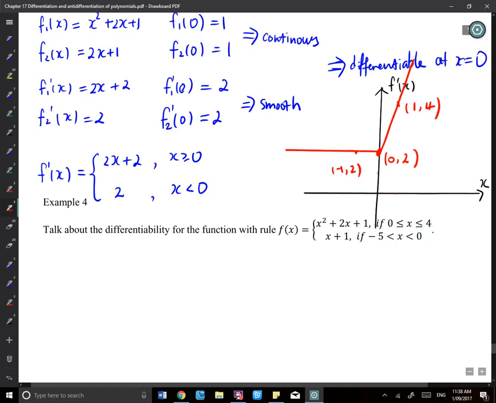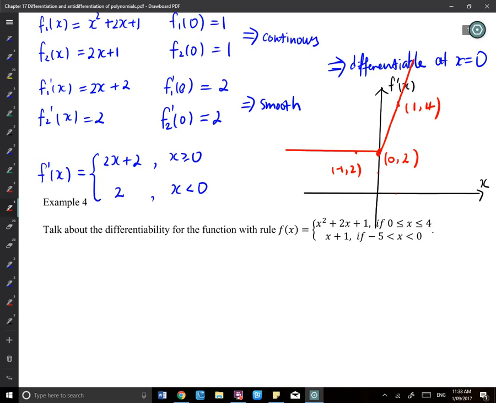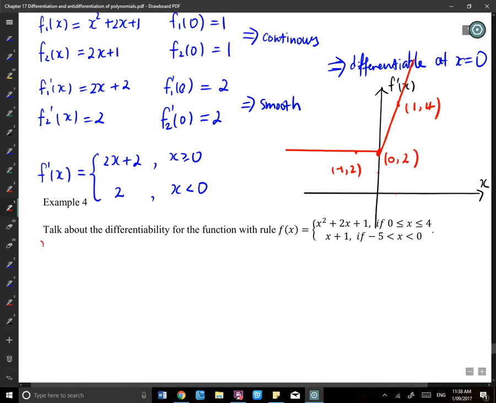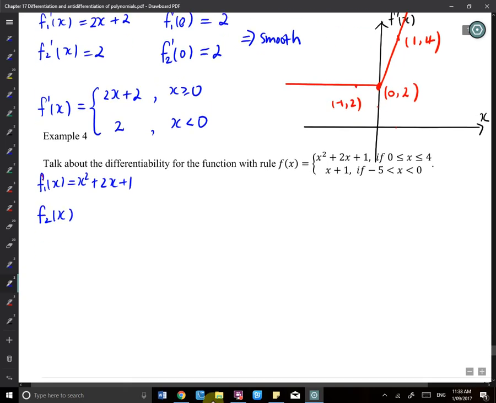So f1(x) is x squared plus 2x plus 1, f2(x) is x plus 1. f1'(x) is 2x plus 2, f2'(x) is 1 because it's linear. Therefore, I need to test the connection point, not the endpoints. I don't care about the endpoints because there's no derivative at all.